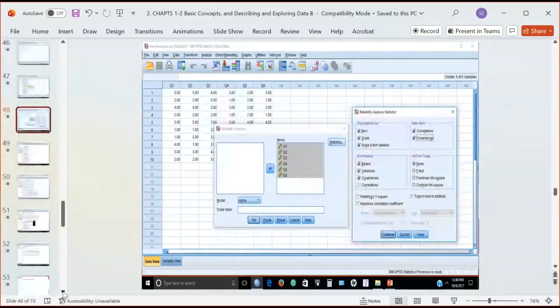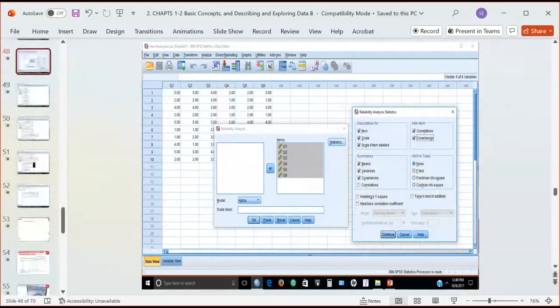At this stage, we don't need them, but you can click all of these if you want to: scales, mean, median, variance, standard deviations, and all that. All this stuff you see. And then types of reliability.